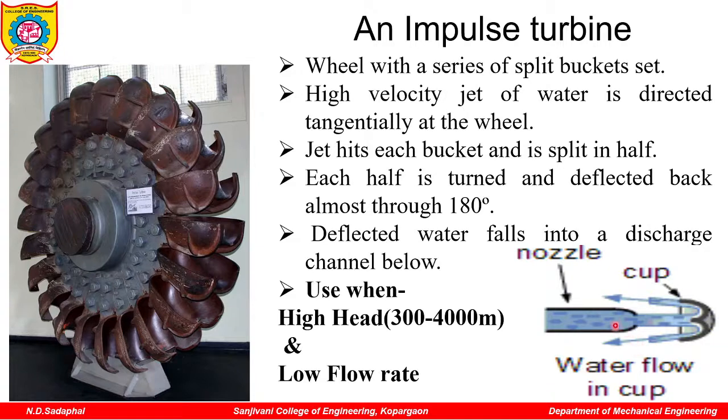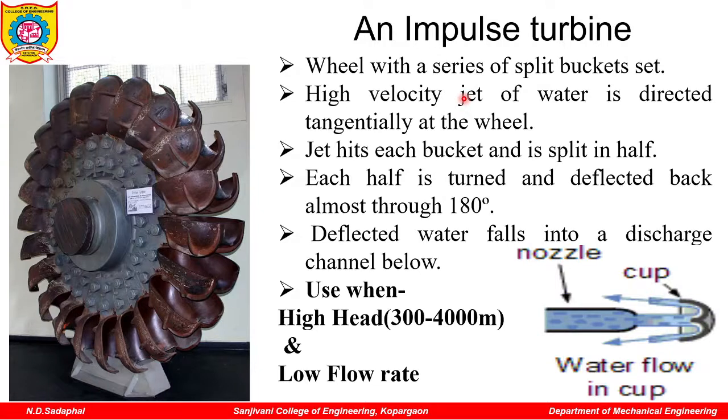Okay, when water strikes these cups, this water gets reverted back from both sides of the bucket. Generally this angle is 180 degrees. When water strikes, that water is deflected back by 180 degrees.